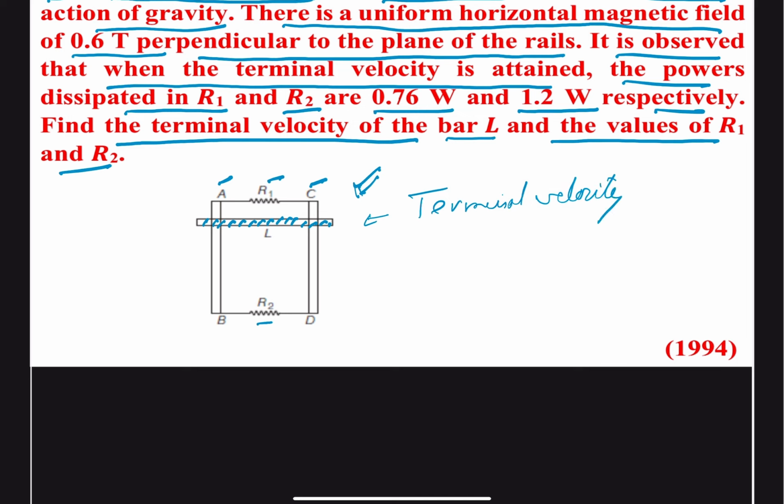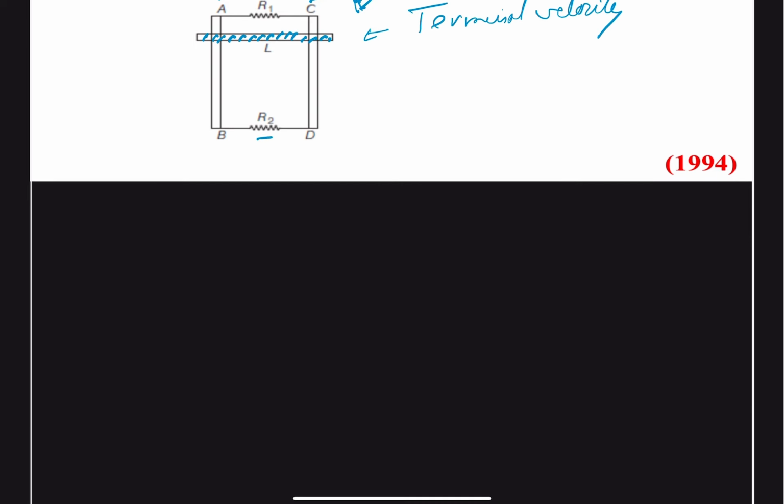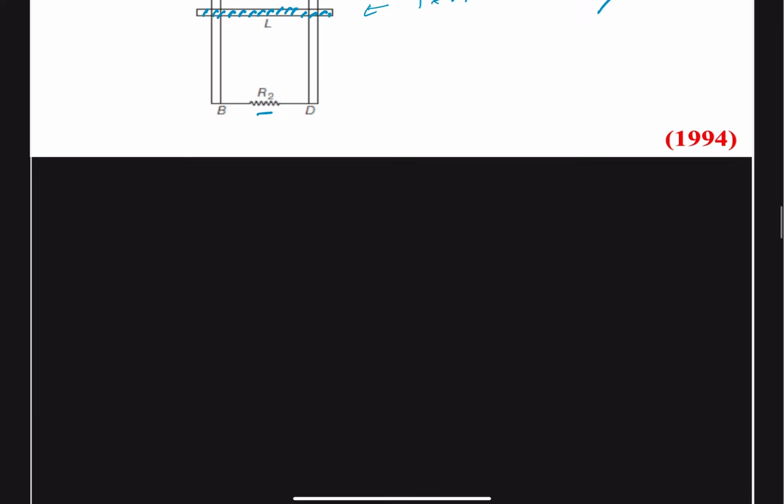This entire setup is in a magnetic field which is horizontal and perpendicular to the plane of the rails. So first of all, let us analyze the terminal velocity and the forces which are acting.